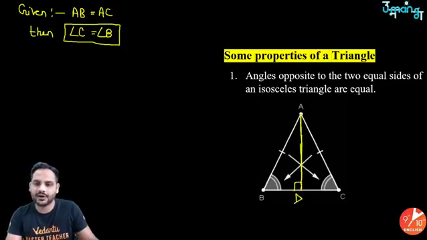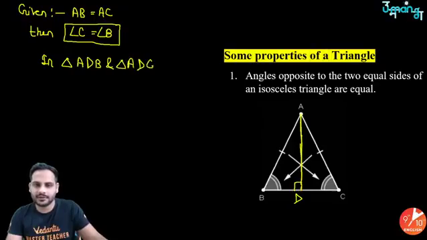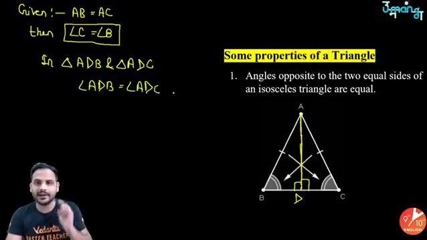So I have got two triangles, ADB and ADC. In triangle ADB and triangle ADC, first, since both are right angle triangles, angle ADB is equal to angle ADC, a right angle.